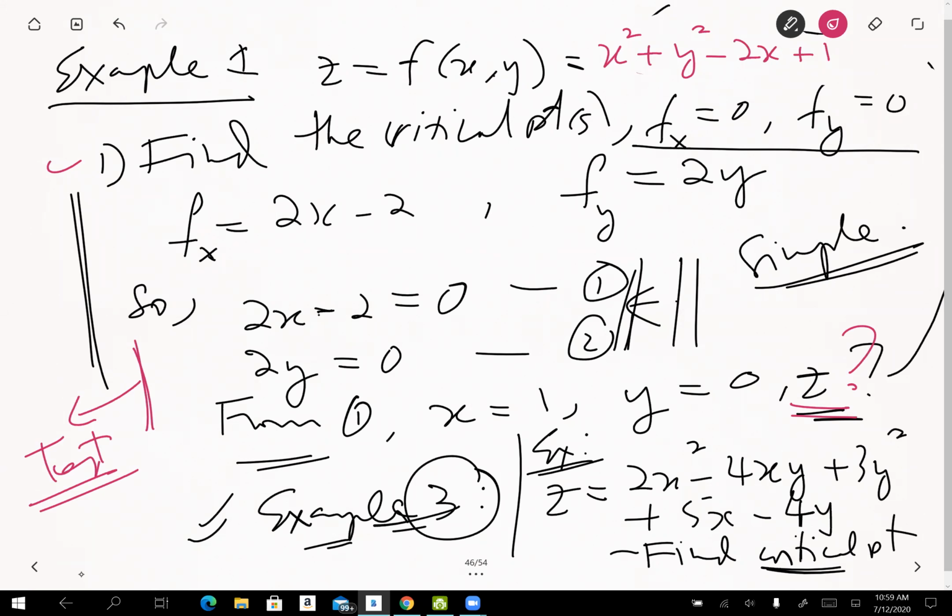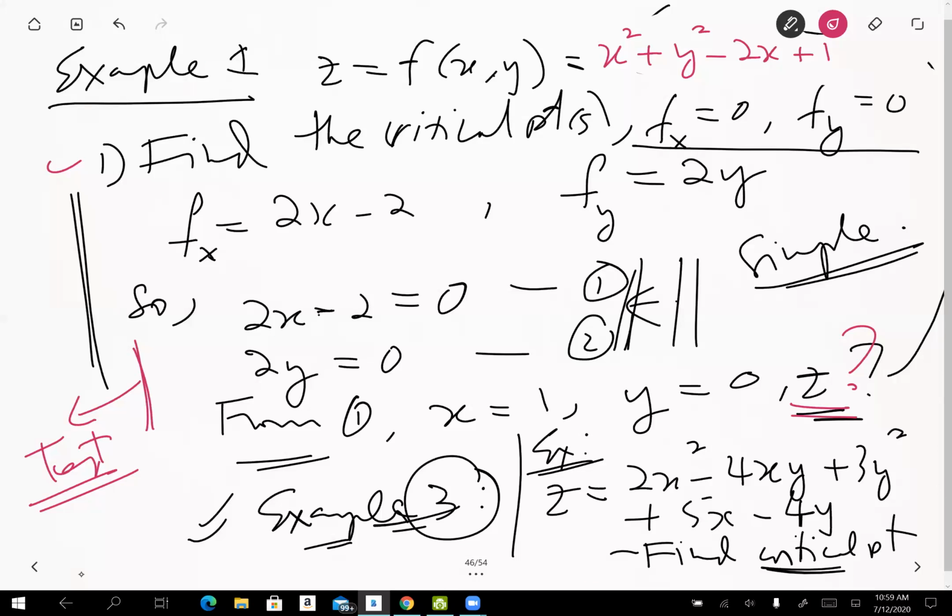This question, the function is not that. Another function. Okay, give me the function. For fx, I take 2x minus 2. For fy, 2y.